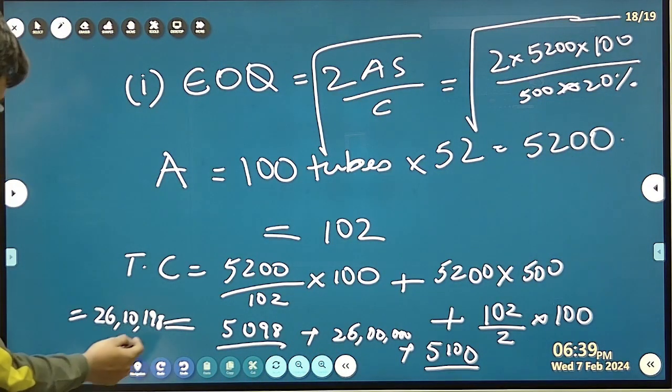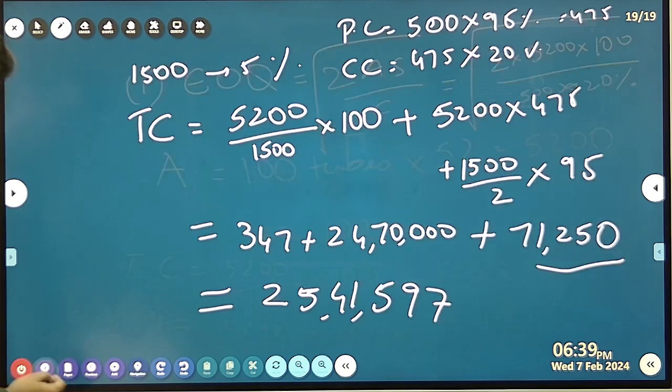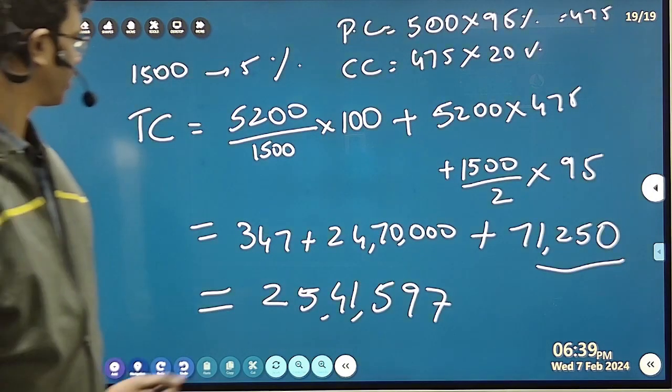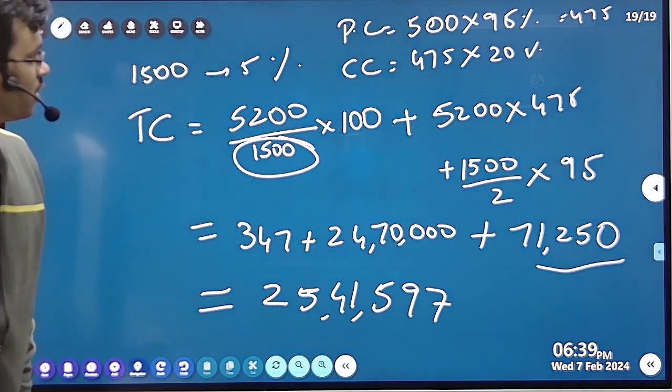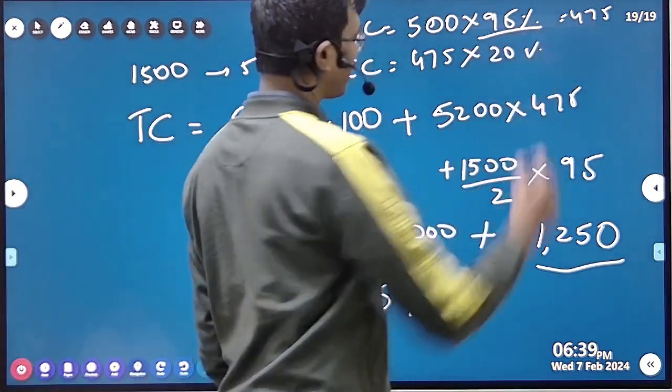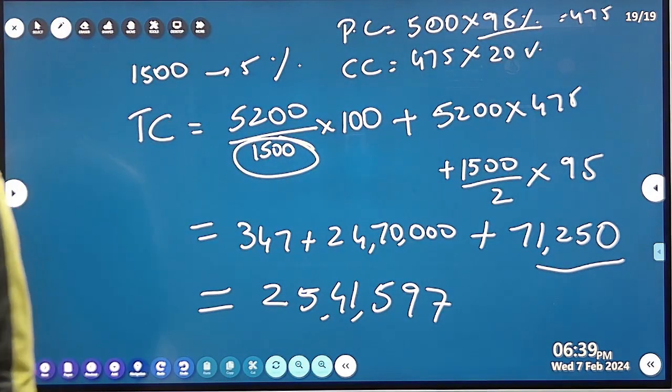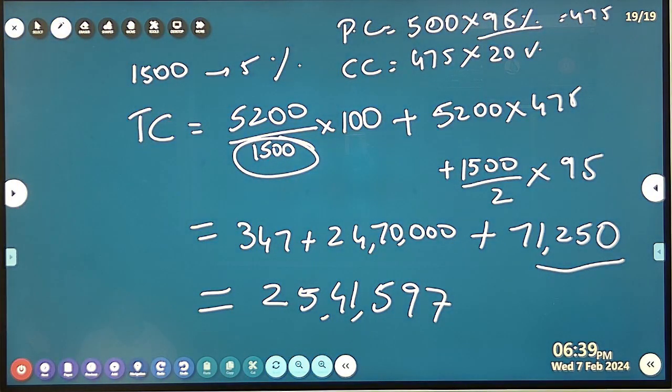So here it is 26 lakhs 10,000, here it is 25 lakh 41,000. So even if we buy at this quantity, the 5% discount will help us reduce the cost. Okay, understood?